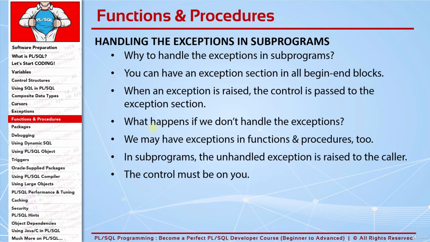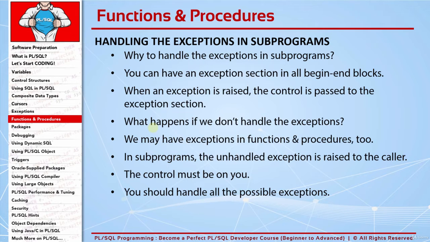On the other hand, if you handled all the possible exceptions and an exception occurs in your procedure or function, that exception will be handled in the exception section of your function or procedure, and the caller program will not be affected badly by this error. Great. Now you know that if you don't handle the possible exceptions in your functions or procedures, it will cause the caller programs to have unexpected exceptions.